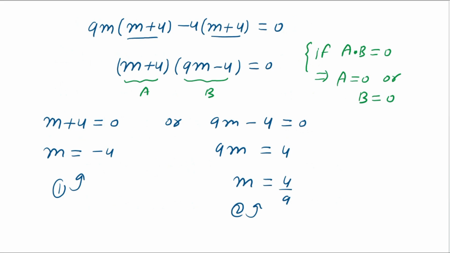Now solve case second, and case second m is equals to 4 over 9. M is equals to 4 over 9, and we know that the value of m is x square plus 4x, and this is equals to 4 over 9. Now if we multiply both sides by 9, the 9 and this 9 are cancelled out.